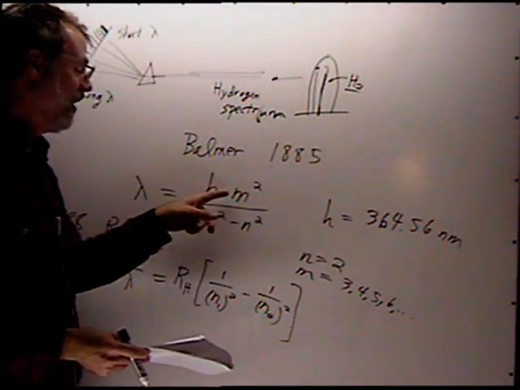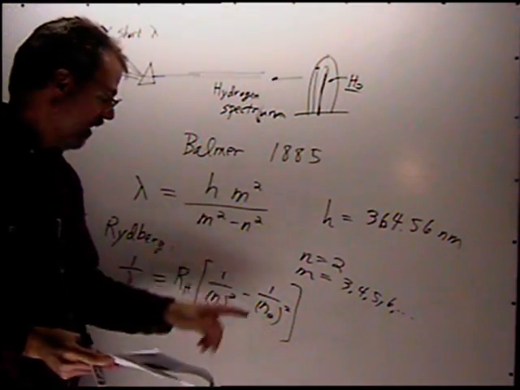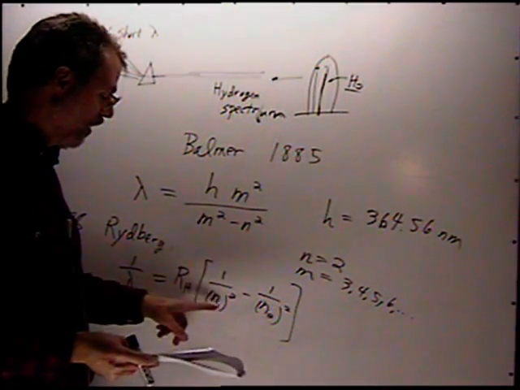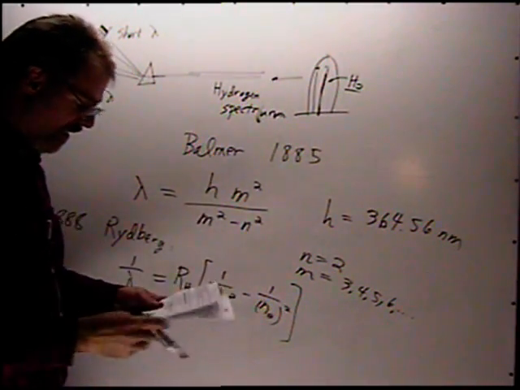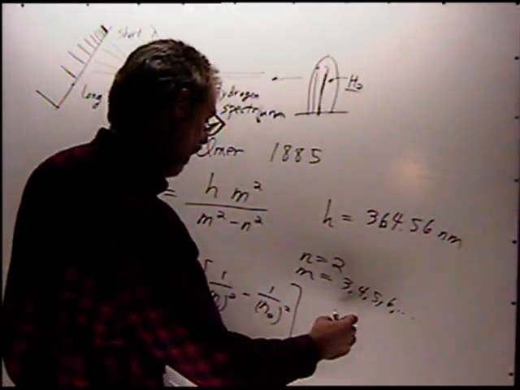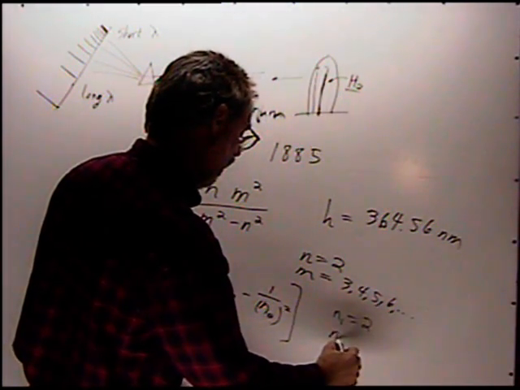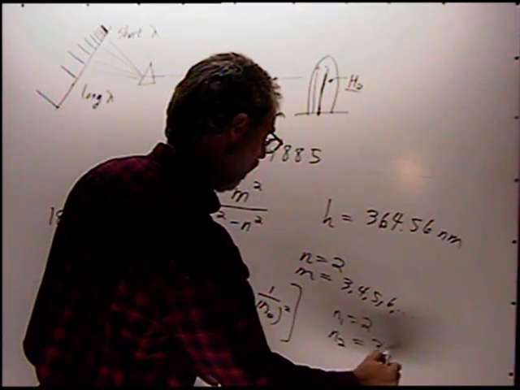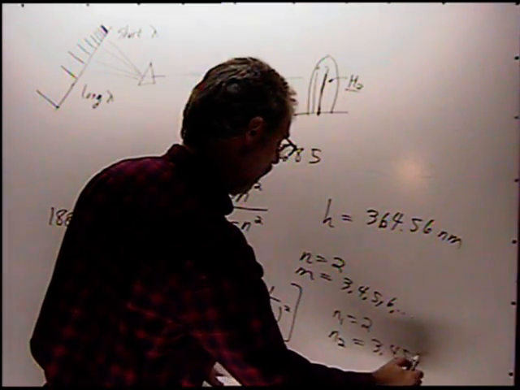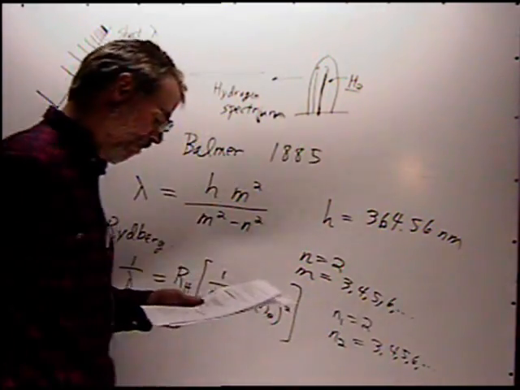So instead of m and n being the integers, now the integers are simply n1 and n2. For instance, for the Balmer series, n1 would be 2, and n2 would be 3, 4, 5, 6, etc.